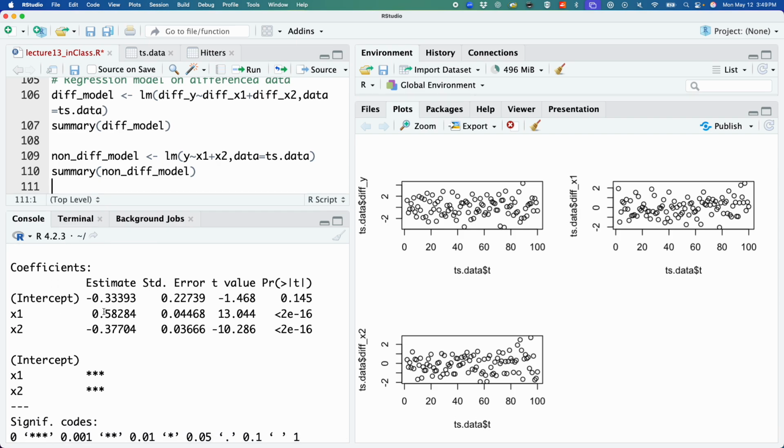Yeah, you'll see that the values are going to be pretty different from the ones that are differenced, where you actually have the stable mean and variance.